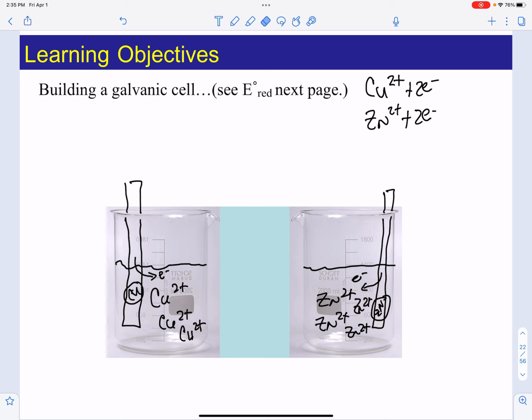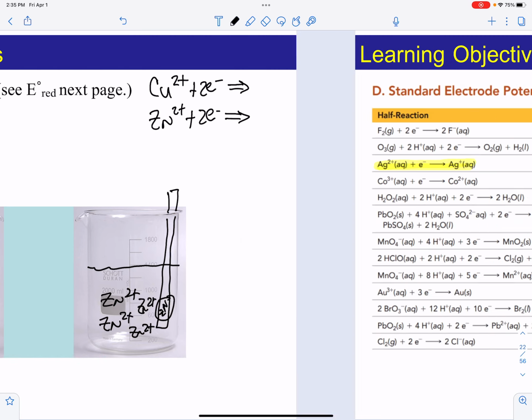So before, I just told you to assume that the copper was the stronger one and the zinc was the weaker one. Now we have data we can use. So we're going to see which one of these can take the electrons easier, and that's where the electrons are going to go. So let's find copper 2 plus.